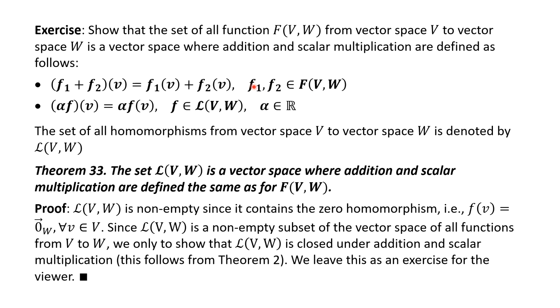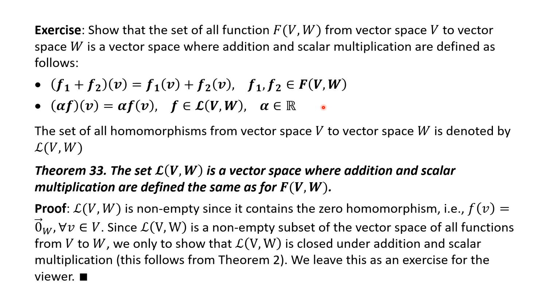If you take two elements from our set, all the functions from V to W, then we define addition as applying the function f sub 1 to v plus the function f sub 2 of v. So that's the definition of adding two functions from this set. And then scalar multiplication is, if we multiply a scalar times our function f and apply it to v, then it's defined to be the scalar times f evaluated at v.